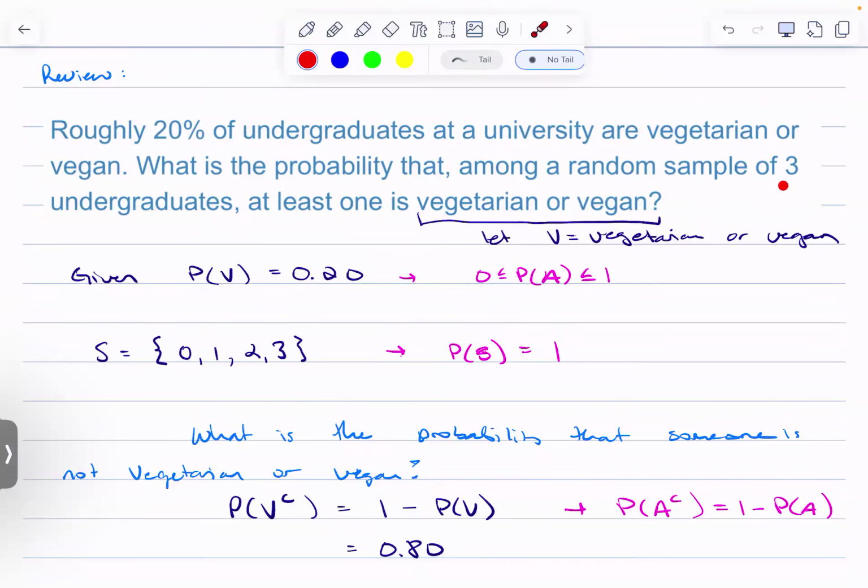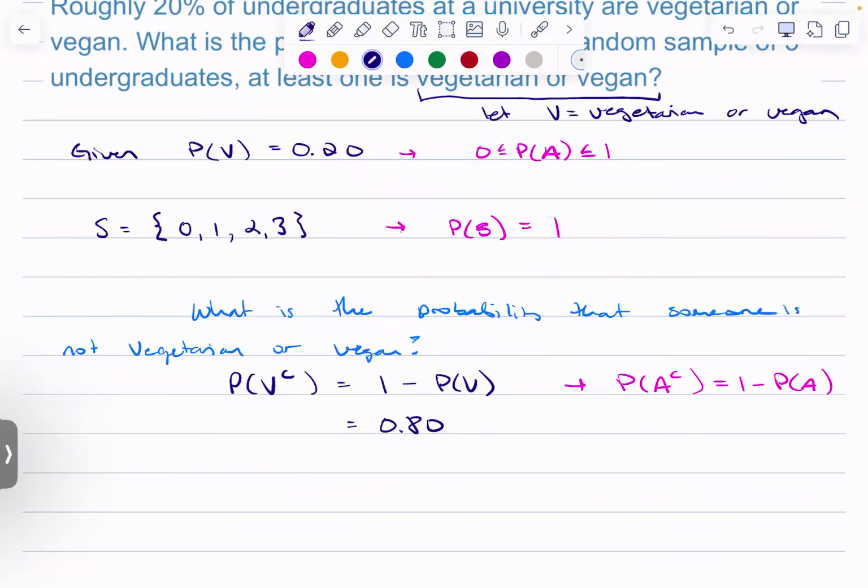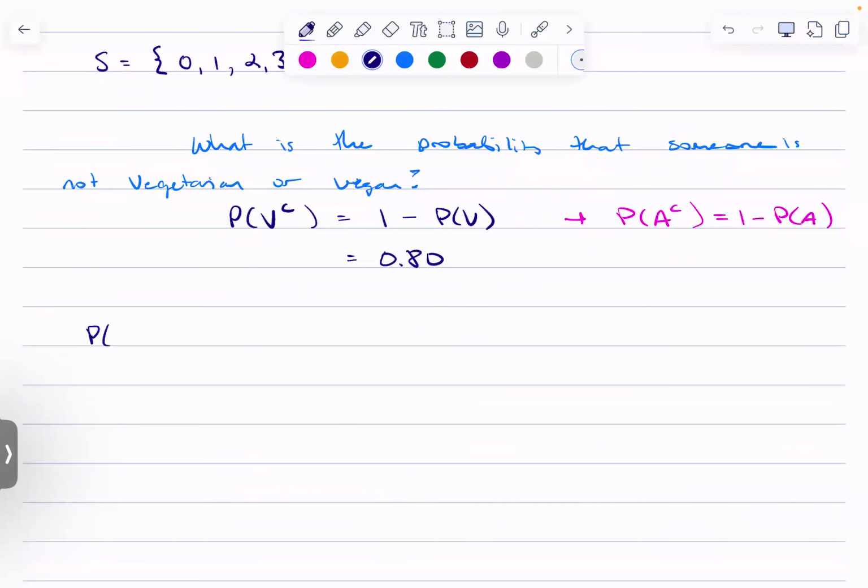figure out this probability. We've got two main ways that we could find this probability. At least one is 1 or 2 or 3. In my sample space, all these 3 satisfy the at least one condition. And so the probability of at least 1 is the same thing as the probability of 1 or 2 or 3.